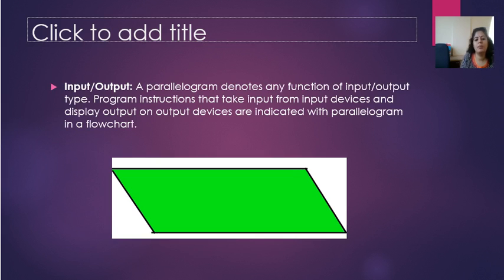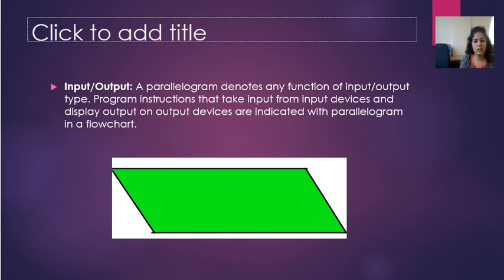The next symbol is the parallelogram symbol. Whenever you have to give any input or output, you have to make use of this symbol. So we also call it the input output symbol. This symbol denotes any function of the input-output type.